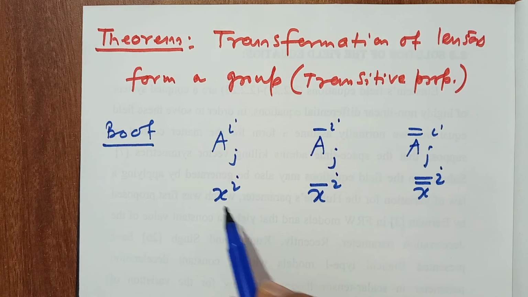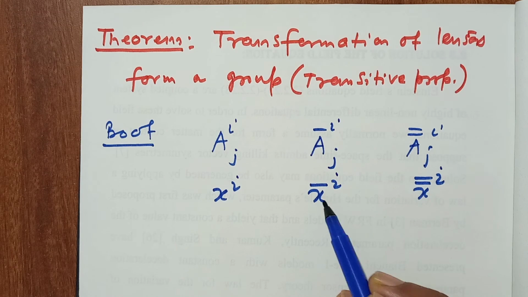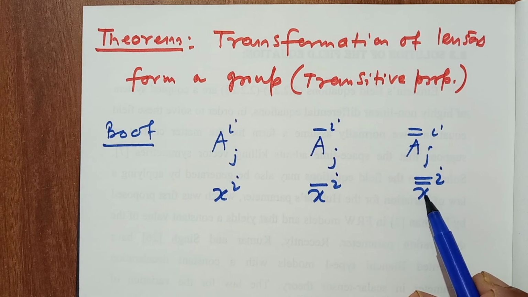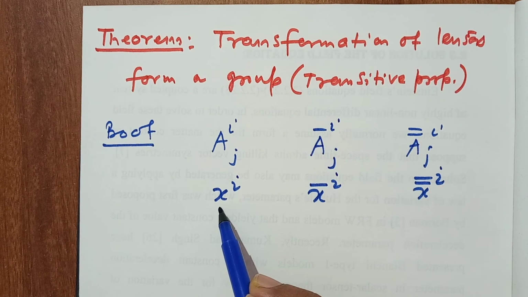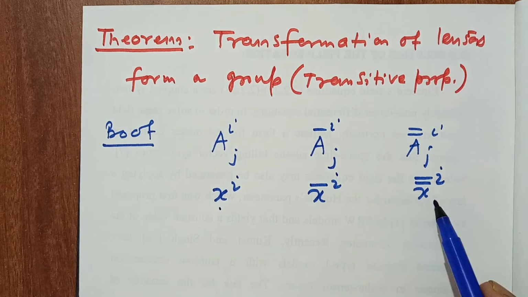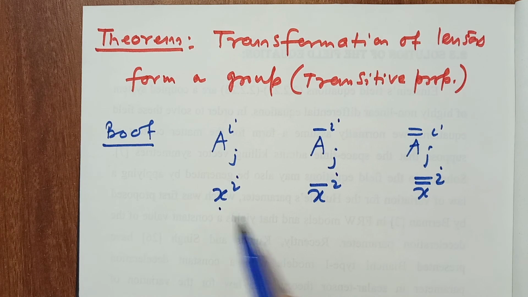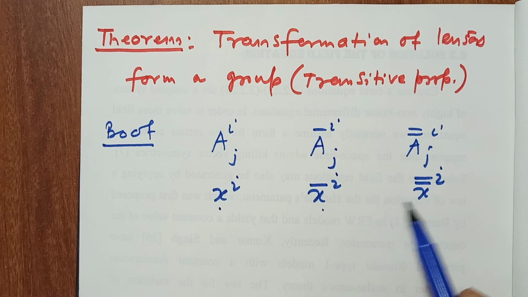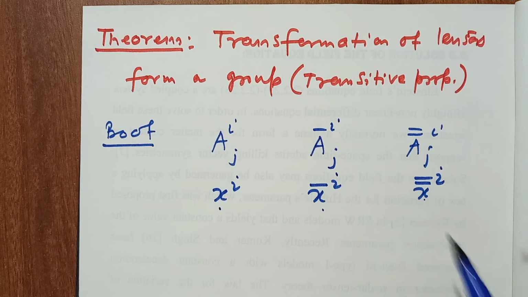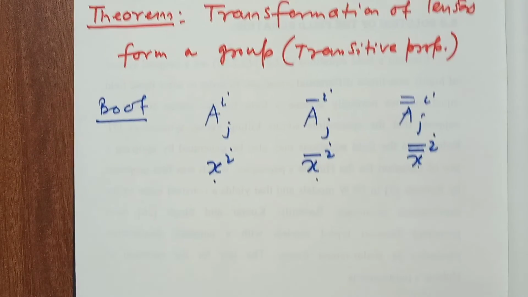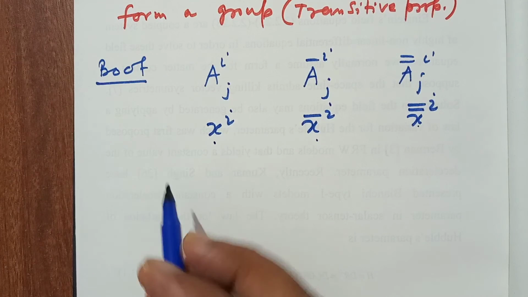If this is related to this, and this is related to this, and we get the result from first to last, then this is called the transitive property. That means if A is related to B and B is related to C, then A is directly related to C. That is the transitive property.